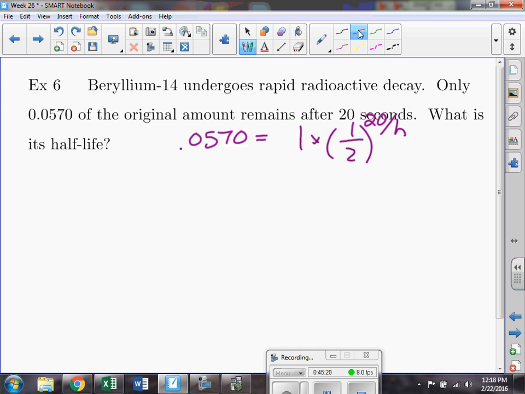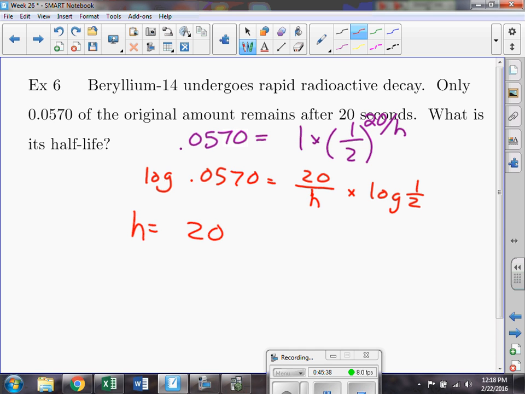We'll use our exponential and logarithmic ideas, our formulas and processes to get the solution. We have the logarithm of 0.0570 equals 20 over h multiplied by the logarithm of 1/2, ultimately telling us that h is equal to 20 multiplied by the logarithm of 1/2 divided by the logarithm of 0.0570.